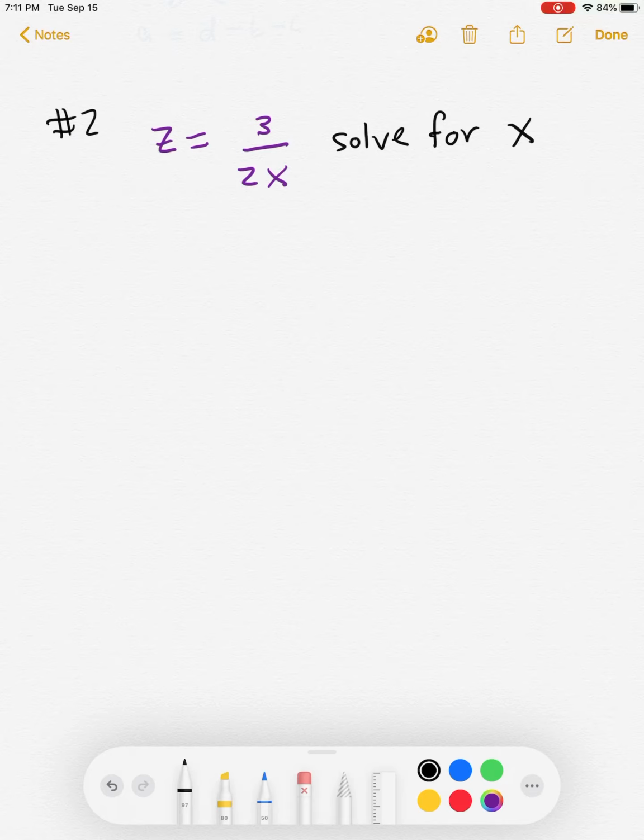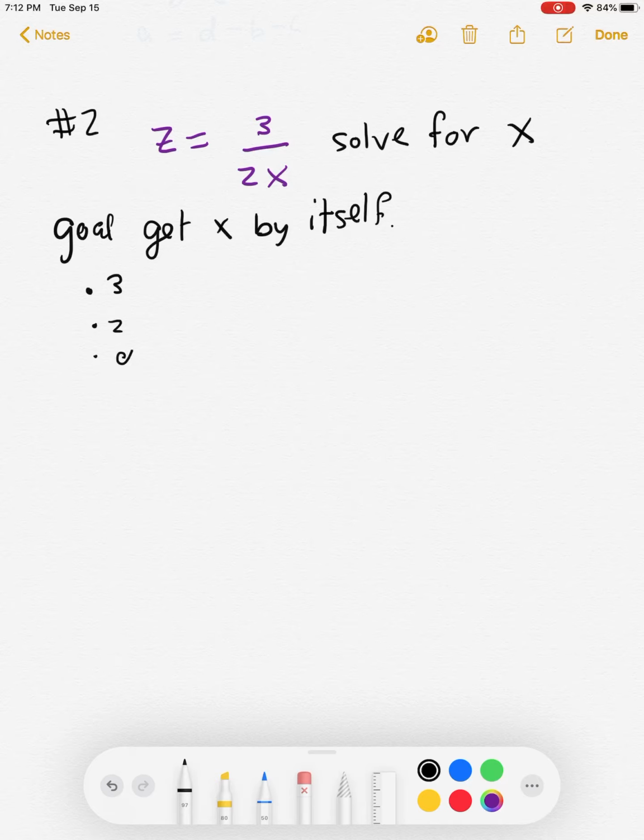Well, what's our goal? Get x by itself. Excuse me. What's keeping the x from being by itself? The 3, the 2, and the fact that it's in the denominator.